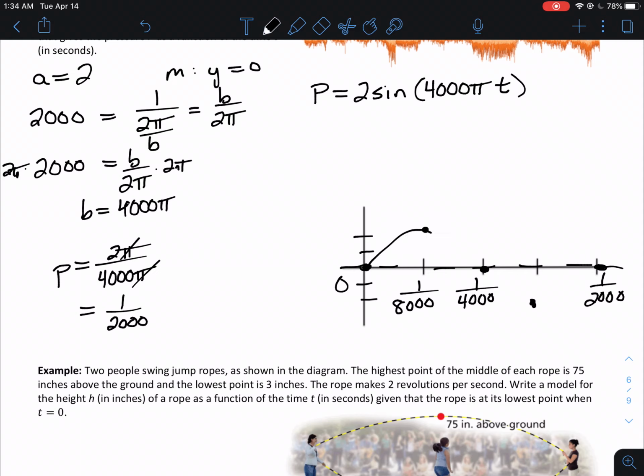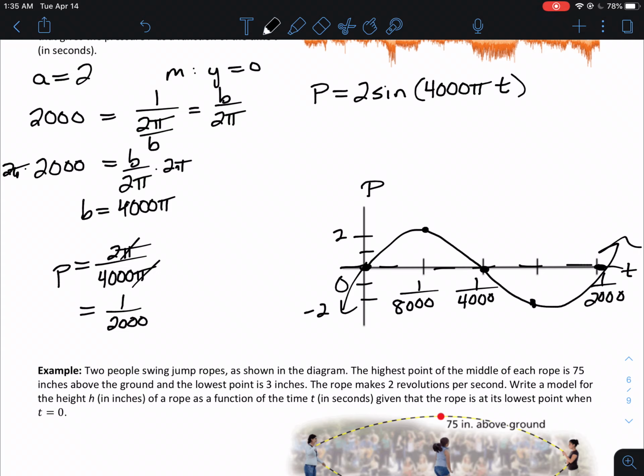Once we connect our dots here, we should be good to go. So here would be a model for what that sine wave would look like. This would be a model for a pure tone based on the labels that we've got. And if you want to label the variables, you've got t here, you've got p here.